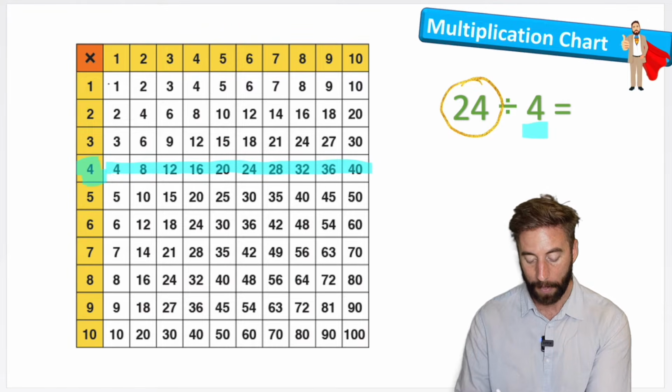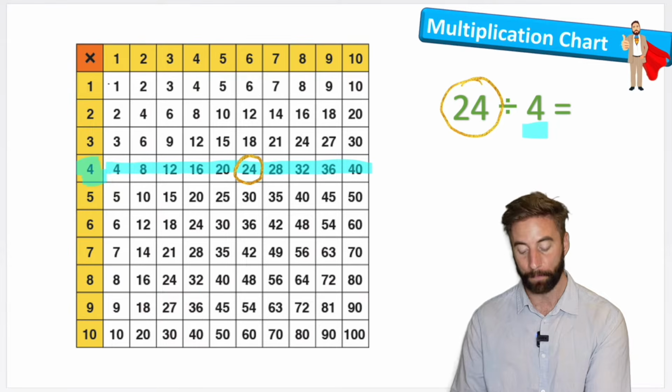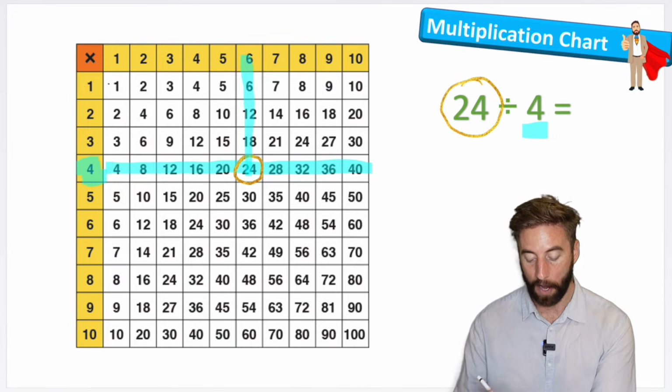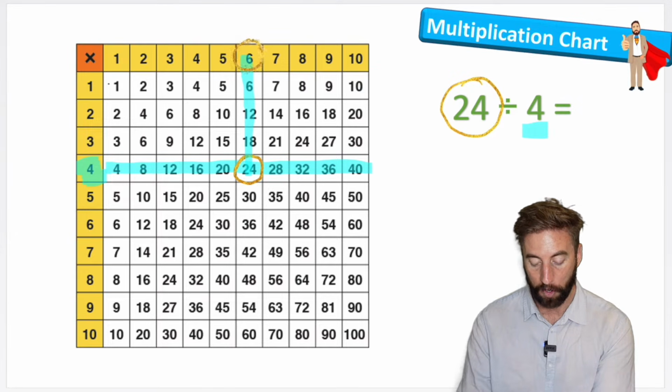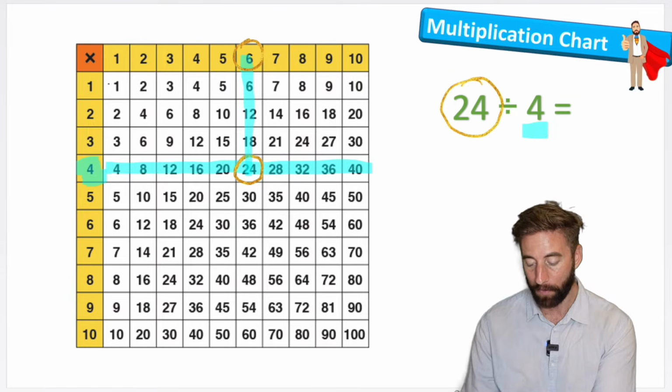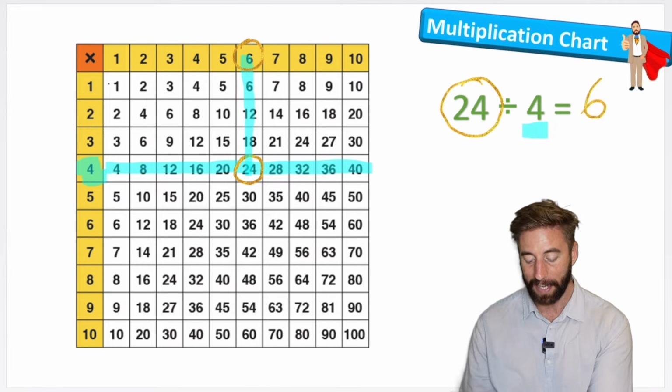Can I find it anywhere? Yes, there it is. So I'm going to circle that number, and all I'm going to do is draw my line up to the top and then look at what number it falls on, and in this case it's 6. And that's the answer. So 24 divided by 4 equals 6.